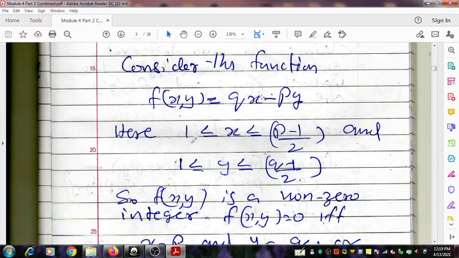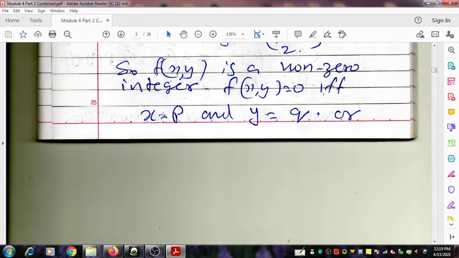Because we are considering only the integer values in the range 1 to (p minus 1) by 2 for x, and 1 to (q minus 1) by 2 for y. Since p and q are also integers, we get only integer values for the function f. That is another important thing about the function values.